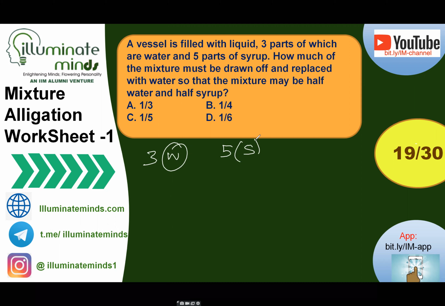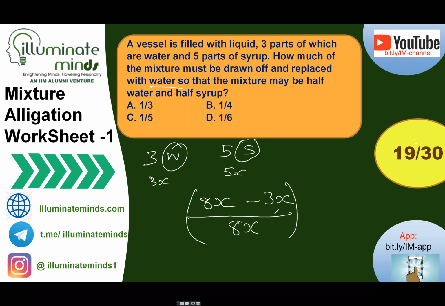Now what do I have to replace it with? The thing to keep in mind is, replace with water. So I will take 3x for this, 5x for this. I will make it equal to 8x. And I will replace water, that means 8x minus 3x upon 8x, the same as I did in the last question. Now it helped me reach this 3:5 ratio.